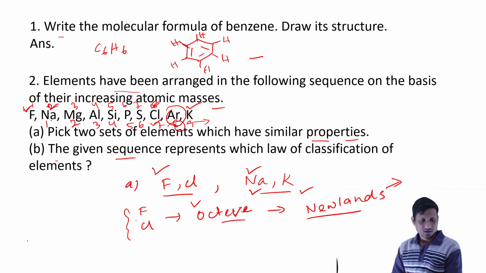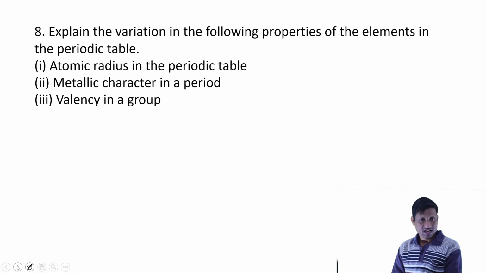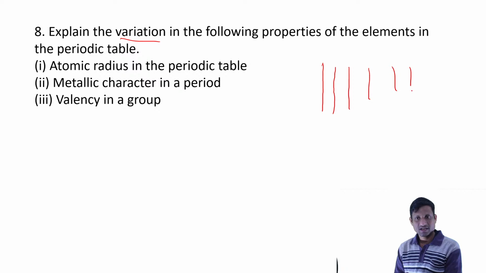Okay, so after that, let us see what the next question is. Basically, again, it is from the periodic table: explain the variation in the following properties of the elements in the periodic table. In the modern periodic table we are having 18 groups, and in the period, how many periods are we having?